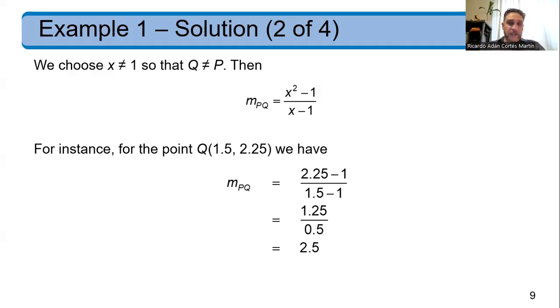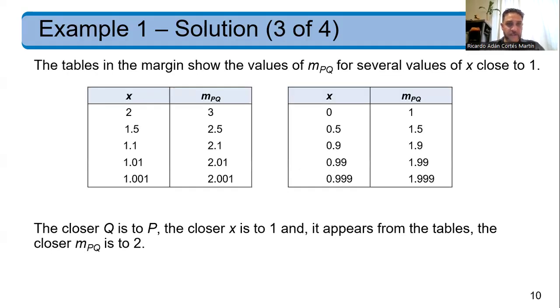Now let's try for different values of x. We're going to choose 2, 1.5, 1.1, 1.01, 1.001, and we're going to get these values for the slope. You can work it out by yourselves, and you'll notice that you are getting closer every time to this value.